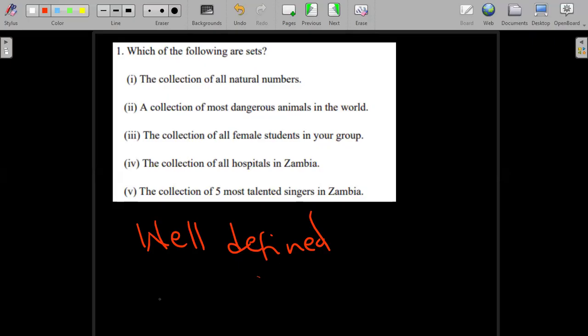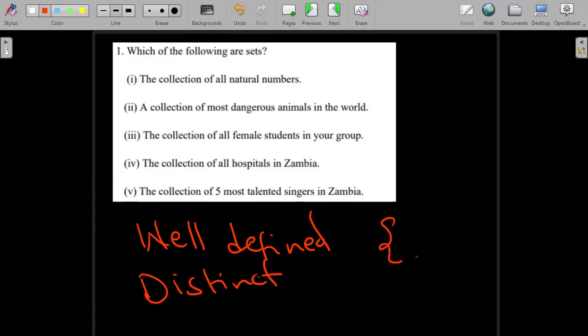Another thing that we must note about sets is that the set must be distinct. This means that each object in the collection must be unique. No duplicates are allowed. We must have unique elements in there.